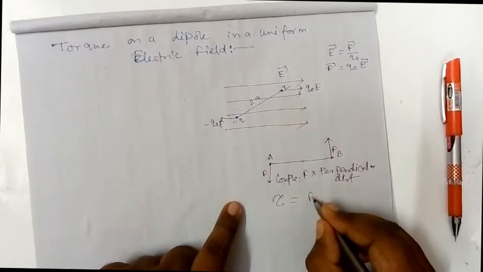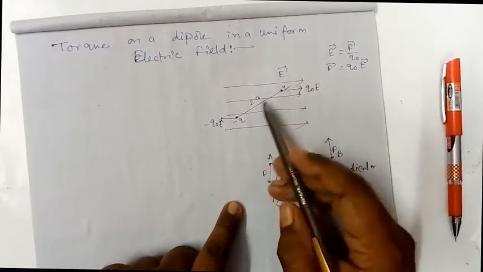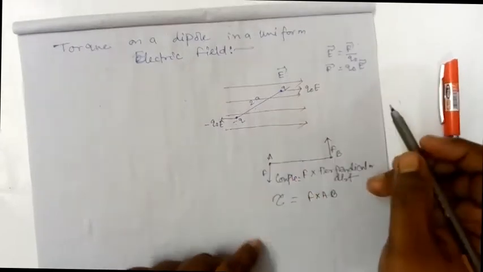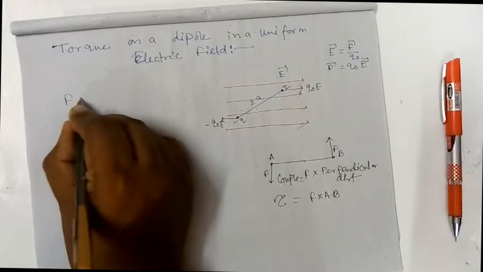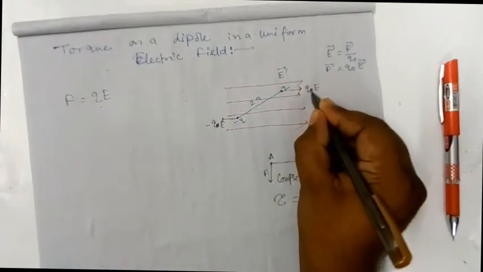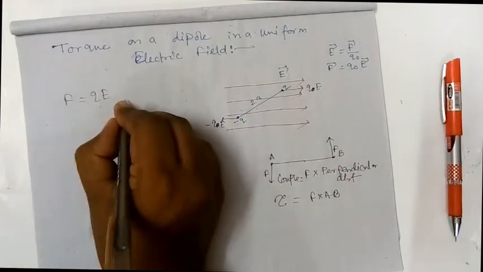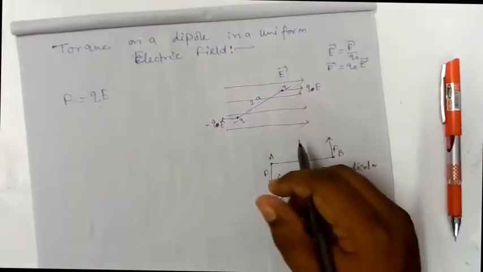So tau equals F into AB, that we have learned. Here also we have to find the perpendicular distance and find the couple. The force equals q into E, the perpendicular distance we have to find out.